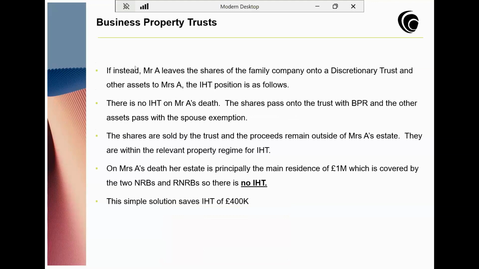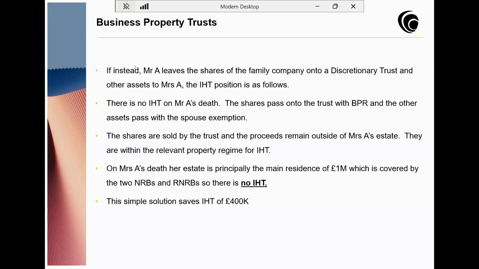Okay, there'd be no inheritance tax on Mr. A's death. The shares would pass on to the trust with business property relief, and the other assets would pass with the benefit of the spouse exemption. If the shares are then sold by the trust and the proceeds remain outside of Mrs. A's estate, they obviously will not come into charge on Mrs. A's death.